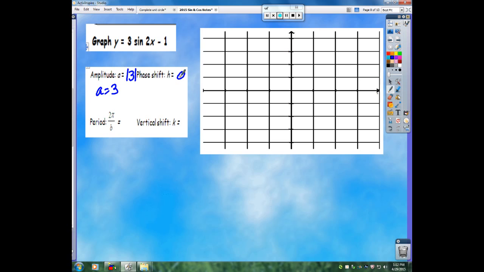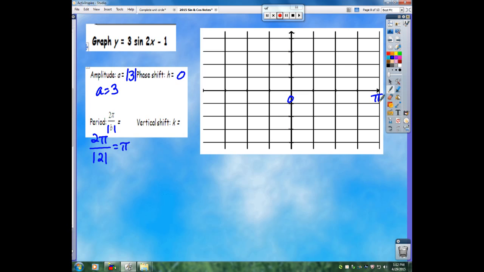Our period, now our b is 2, so it's 2 pi over the absolute value of 2, which gives us pi. That means we're going to repeat ourselves every pi units. So we're going to start our graph at 0 and end it at pi, and we're going to get those 5 key points between 0 and pi.